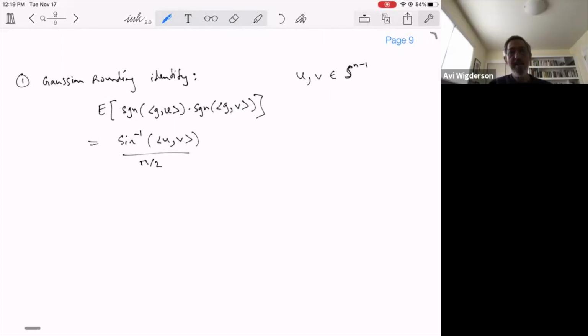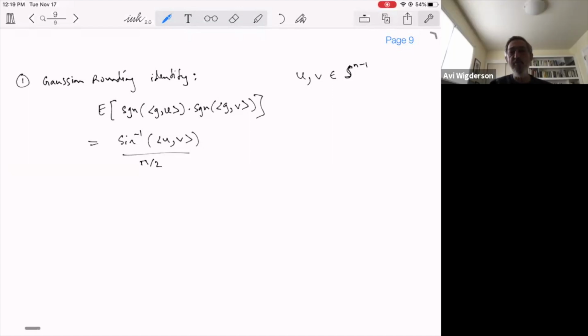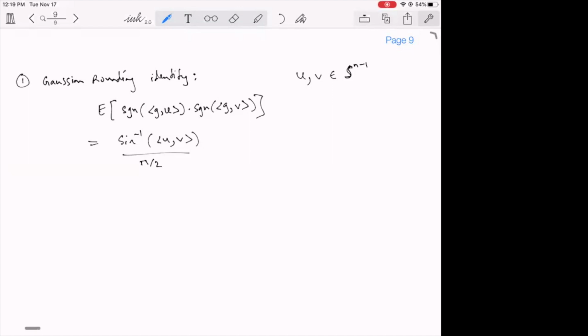So I guess the easiest way to see it is just, whatever dimension U and V are, they just span a plane. So as Avi said, by rotation invariance of Gaussians, we can rotate U and V so that they lie in the two-dimensional plane.